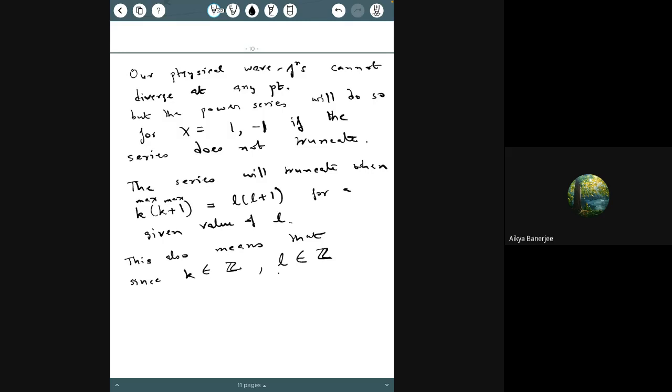Now, we had initially assumed that L could be real in the equation we got from quantum mechanics, but you can only get normalizable valid solutions for L being an integer. Therefore, L is equal to 0, 1, 2, 3, etc.